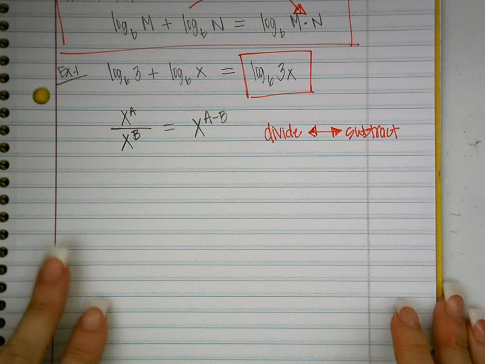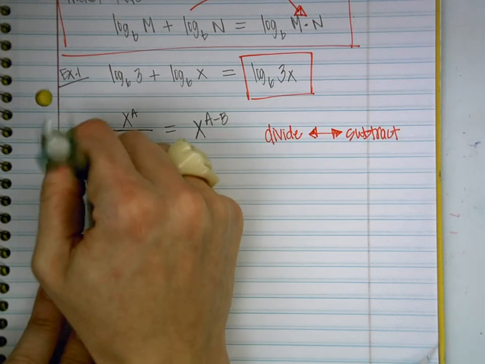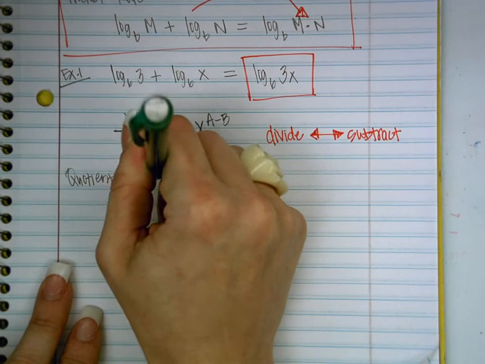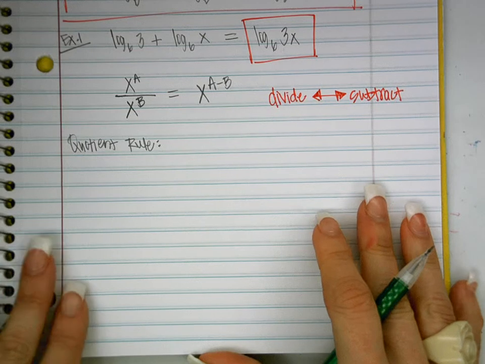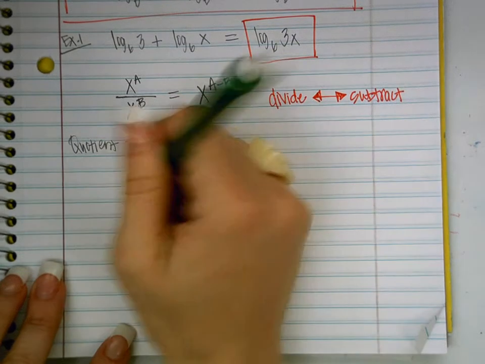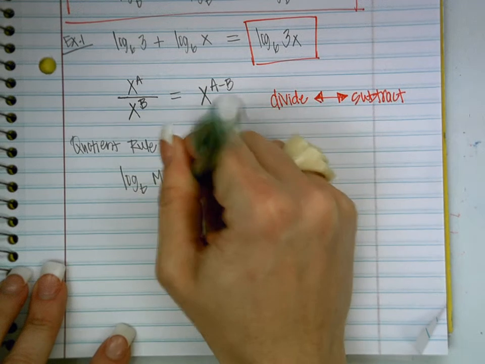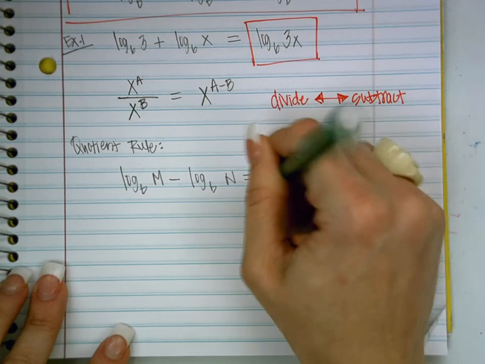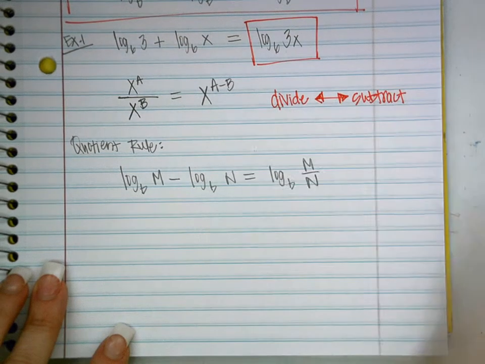There's also a rule or a property with logarithms, it's called the quotient rule. Quotient hopefully keys you in to think about division, because quotient means divide. And the quotient rule tells us that log base b of m minus log base b of n is equal to log base b of m divided by n.